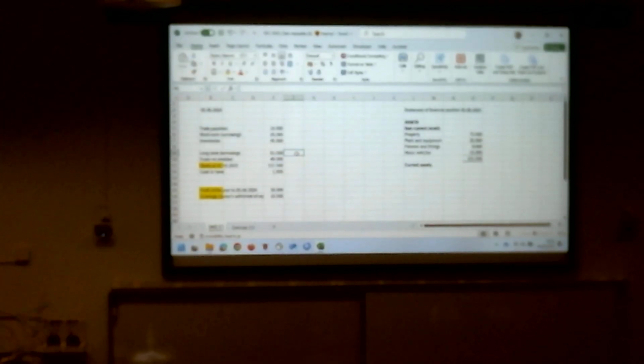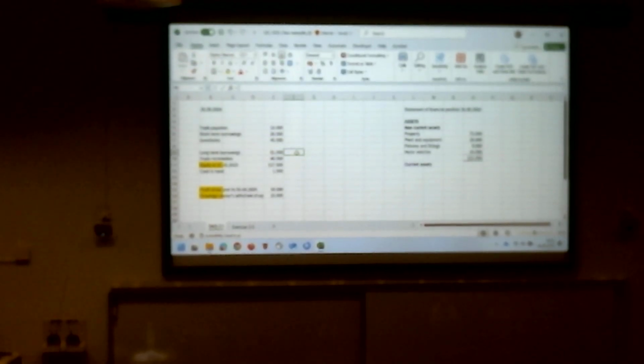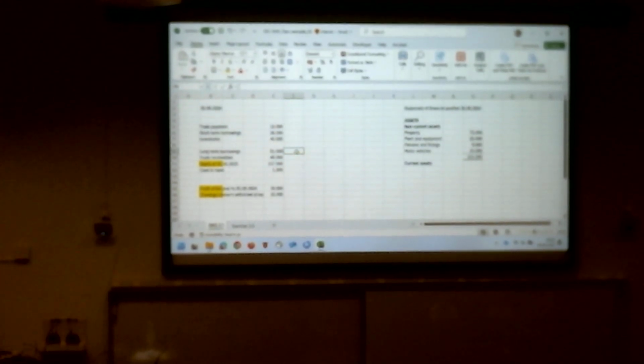Fixtures and fittings, why should it be a loss? Ah, okay. Yeah, but it helps you kind of running your business. I mean, what's an example for fixtures?